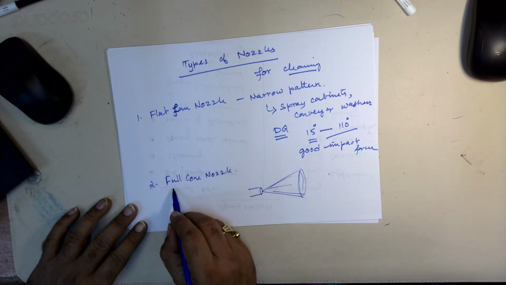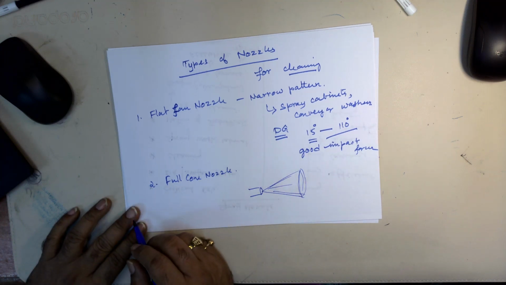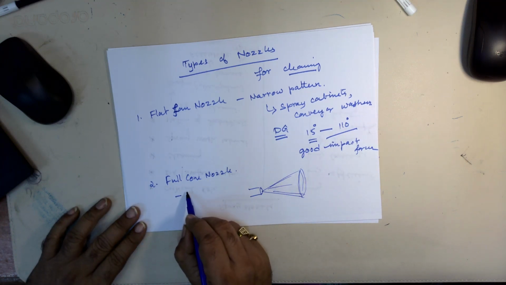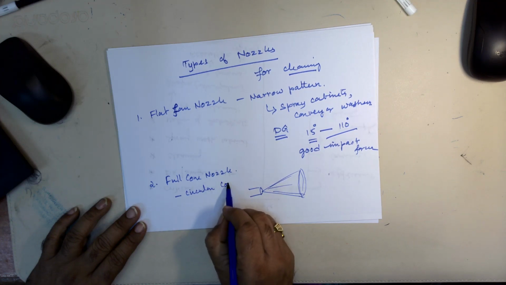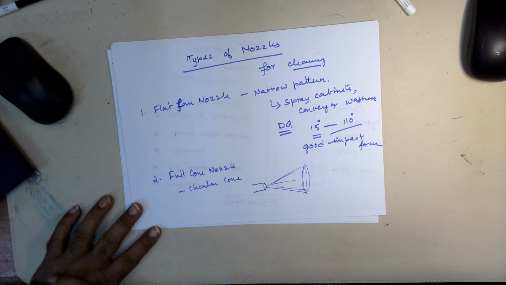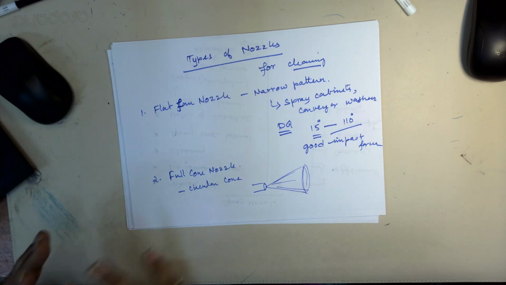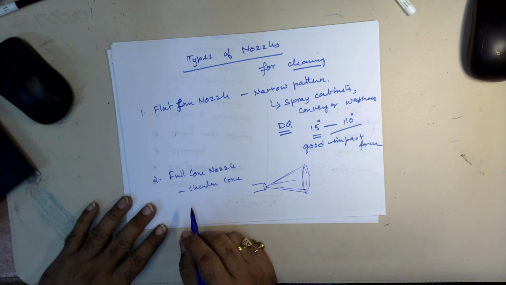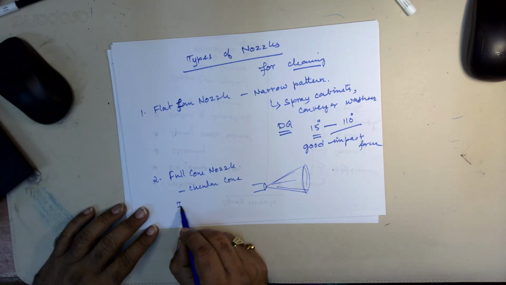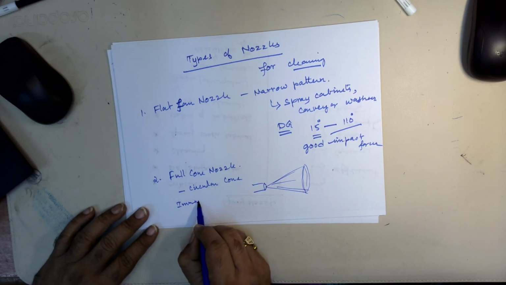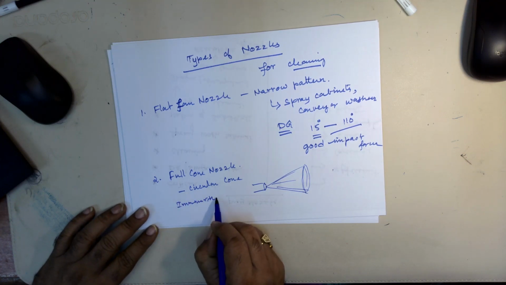So this is called the full cone nozzle, and usually it forms a circular cone pattern. This kind of nozzle is used for immersion spray boost, where the components can be partially immersed.